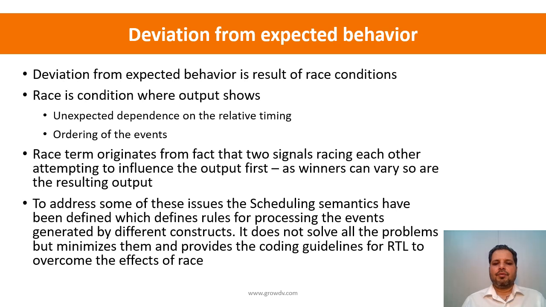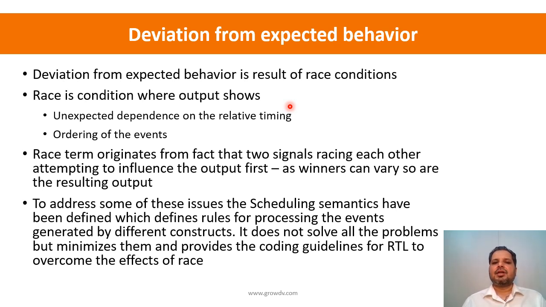So we were looking at the possible deviations. We talked about two types of deviations. One deviation is the time it takes to execute the model for the same duration at different abstractions, and we saw how that varies. The second deviation is a deviation from expected behavior.